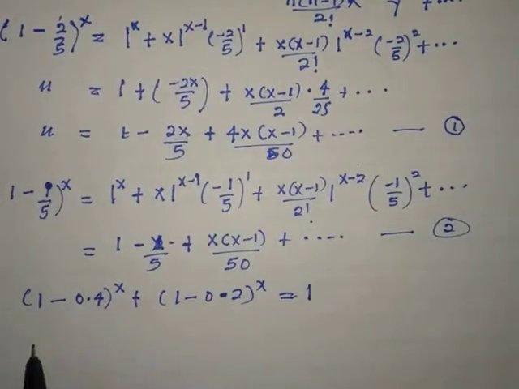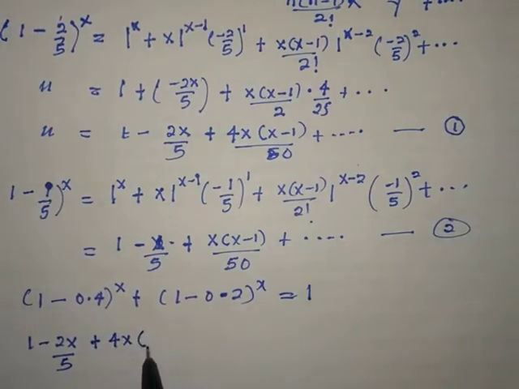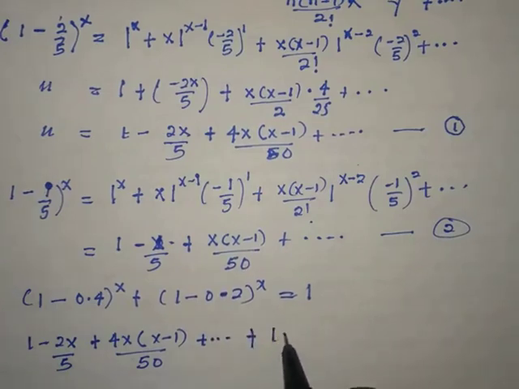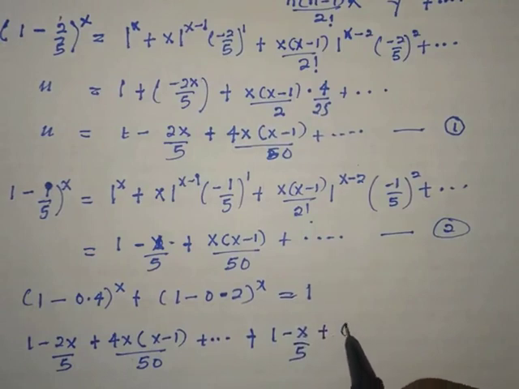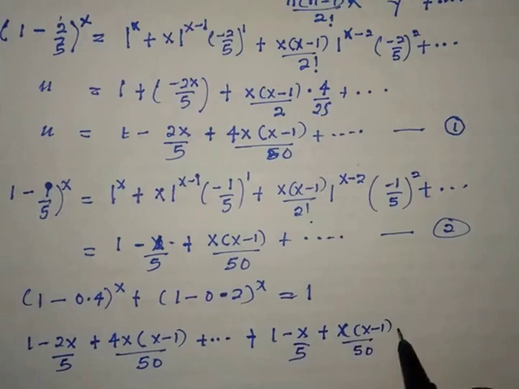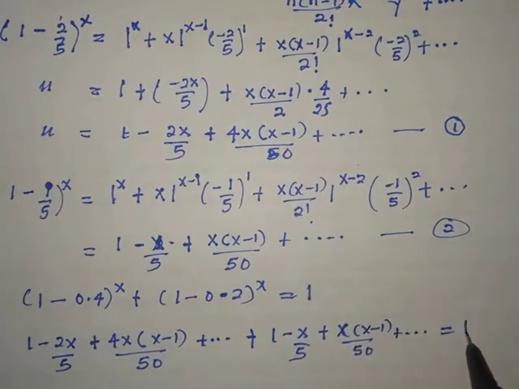By adding these two together, we have minus 2x upon 5 plus 4x(x minus 1) divided by 50 plus dot dot dot, plus 1 minus x upon 5 plus x(x minus 1) upon 50 plus dot dot dot, everything equals 1.